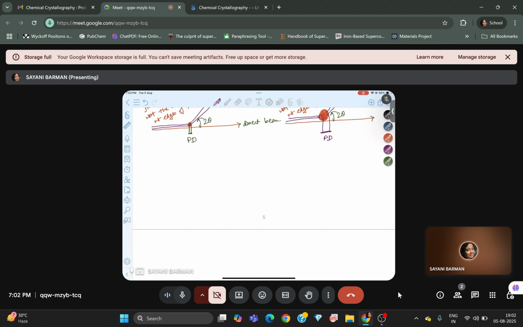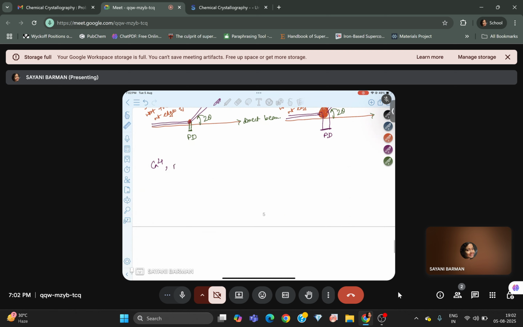Let's say calcium 2 plus, iron 2 plus, iron 3 plus, C, H, O, O2 minus.